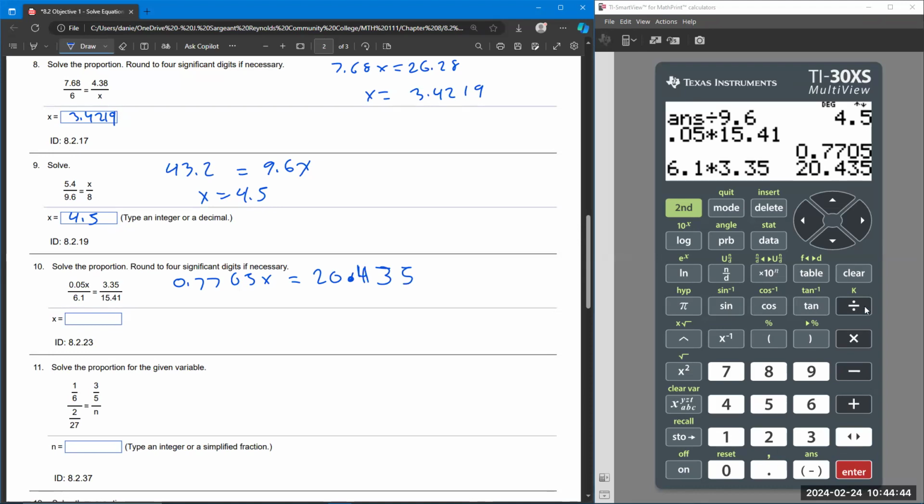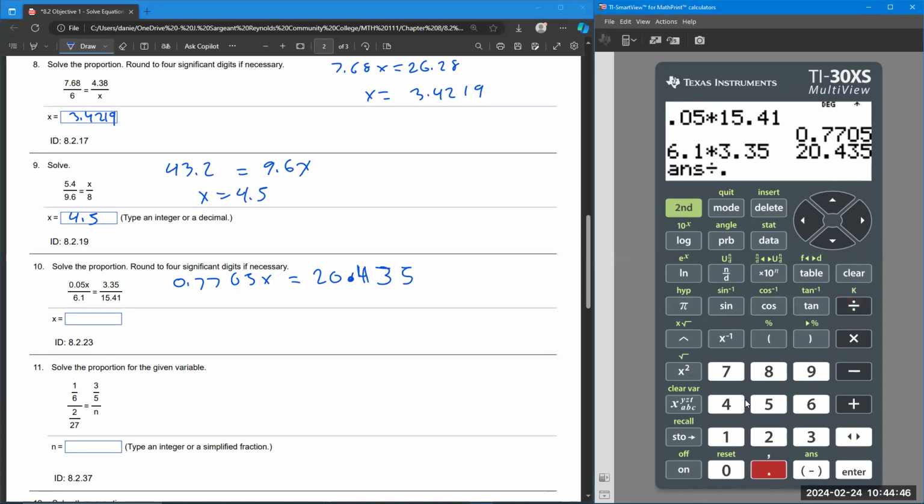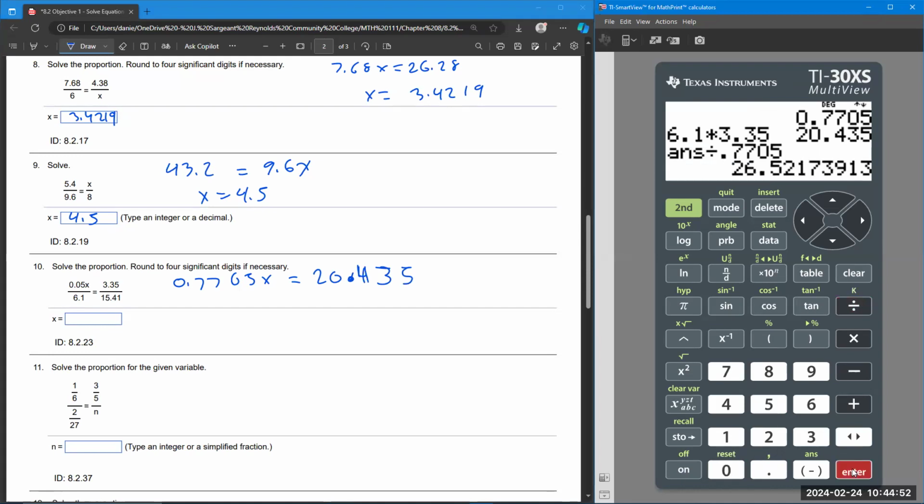So 20.435 divided by 0.7705 is 26.5217, or rounded to 4 decimal places, 4 significant digits, excuse me.